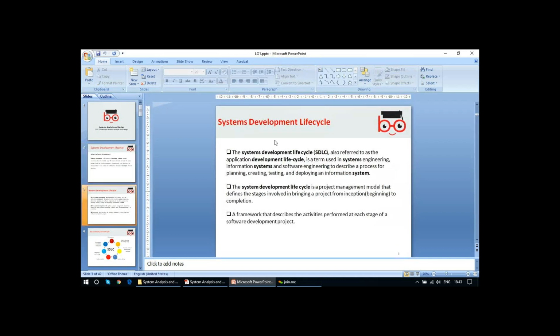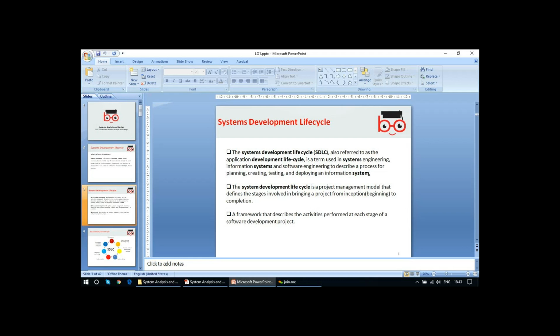Now, this software development should come through a kind of system development life cycle. Every process has a life cycle. Do you agree? It is also referred to as the application development lifecycle, a term used in systems engineering, information systems, and software engineering to describe a process for planning, creating, testing, and deploying an information system.